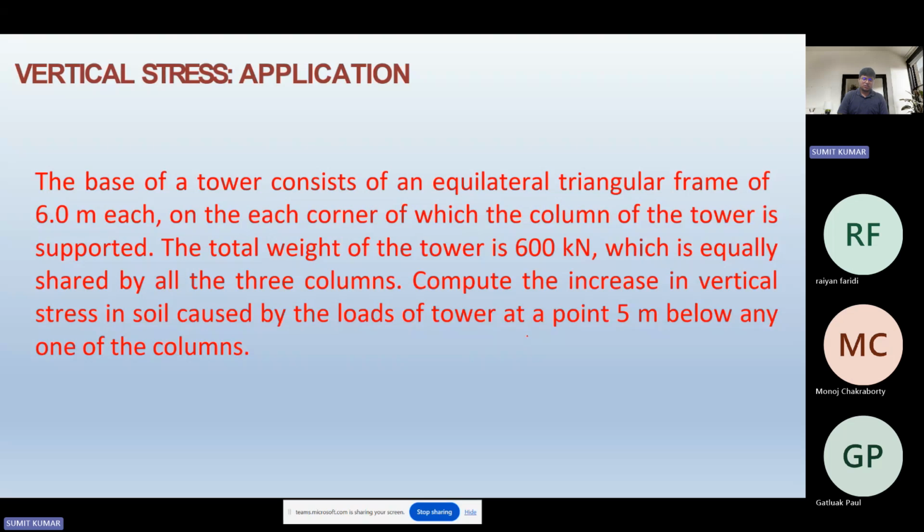The total weight of the tower is 600 kilonewton, right? The capital Q value is equally shared by the three columns. Okay, Q by 3, 200. Compute the increase in the vertical stress in soil caused by the load of the tower at 0.5 meter below any one of the columns.